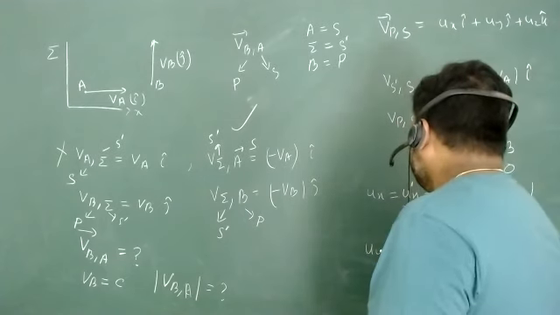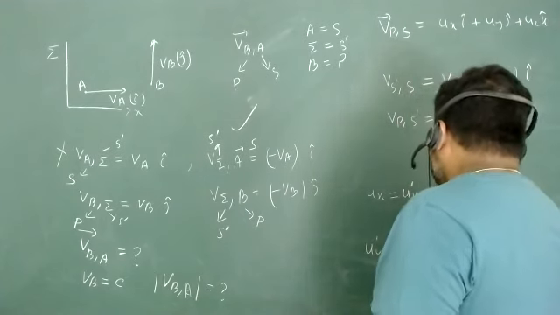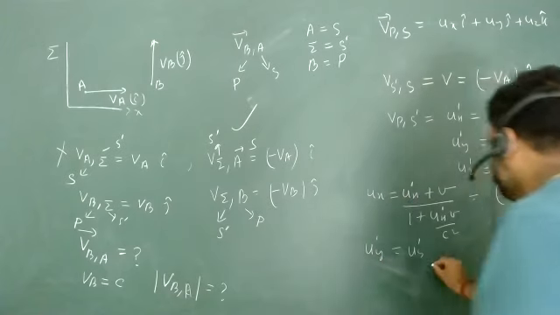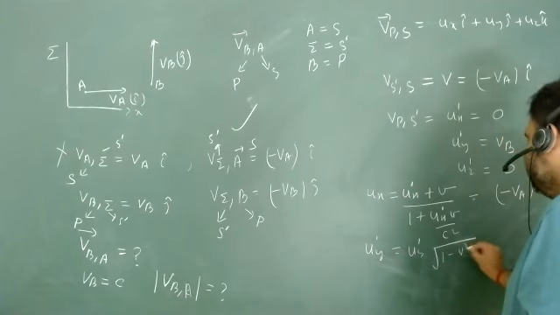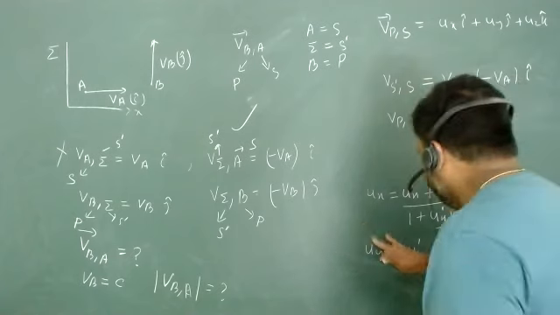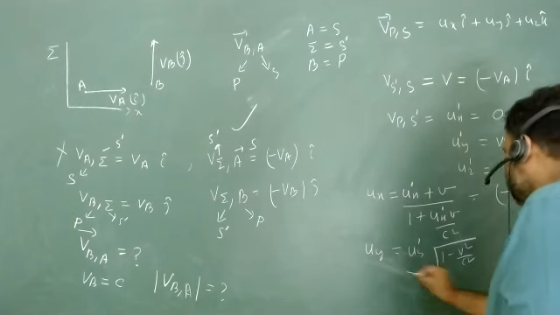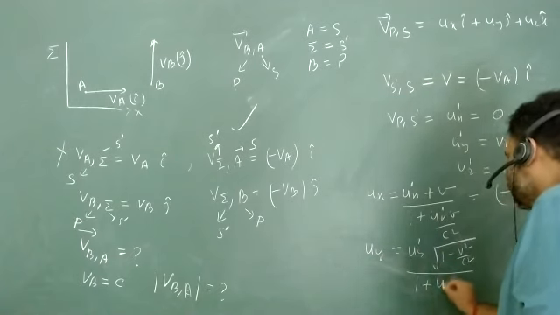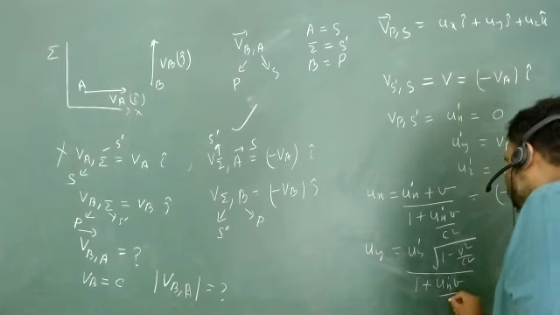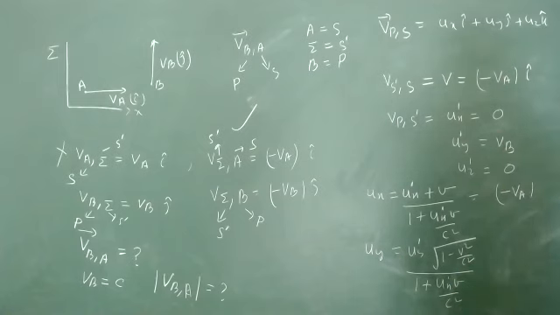This is very interesting. ui is equal to ui dash root under 1 minus v square upon c square, divided by 1 plus ux dash v upon c square. Now, what is ui dash? Vb. And what is v? Minus va.